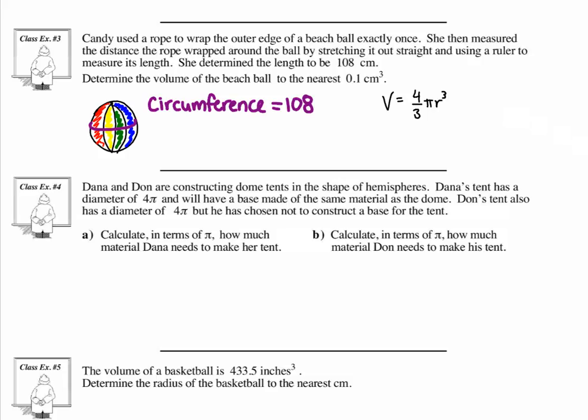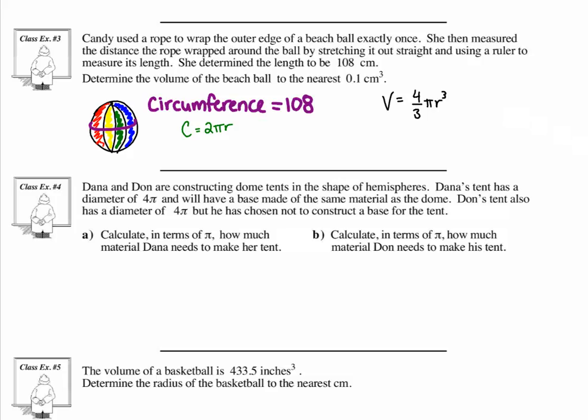The radius. And how do I get the radius? I think it's on your formula sheet. It sure is. Look on your formula sheet near the circles up at top. Circumference is equal to 2 pi r or pi d. Up to you which one you use. I'm going to use 2 pi r.